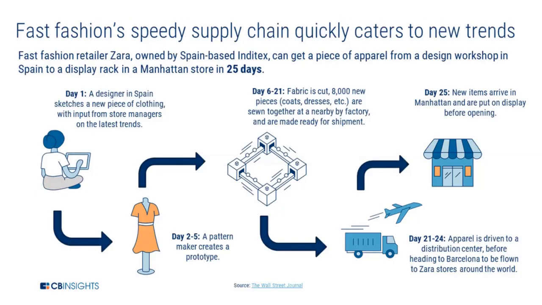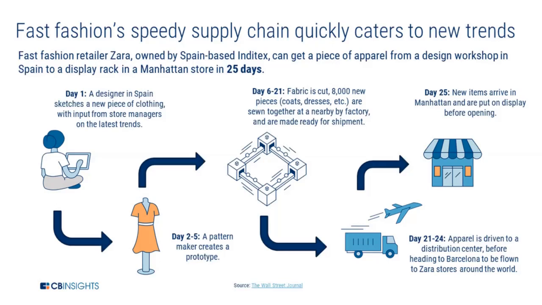I would like to show you an example of a fast fashion retailer, Zara, owned by the Spain-based Inditex company. They can get a piece of apparel from a design workshop in Spain to a display rack in a Manhattan store in 25 days. So it's a very quick process.